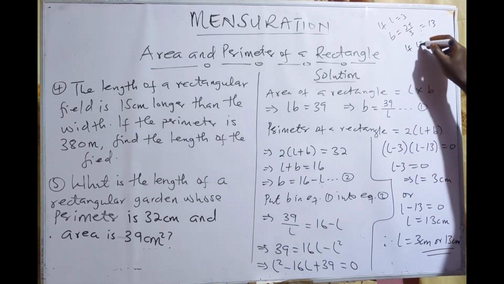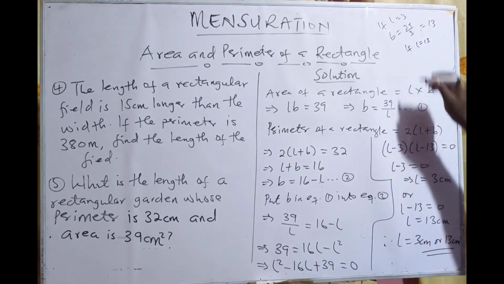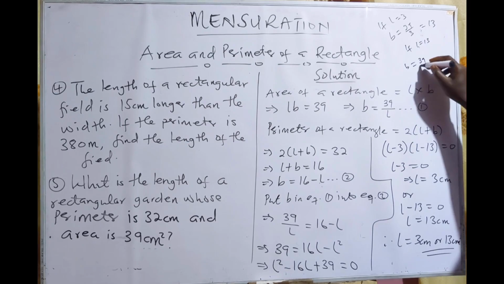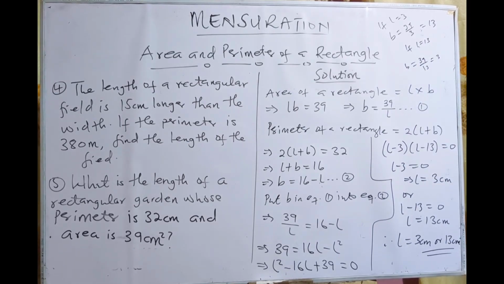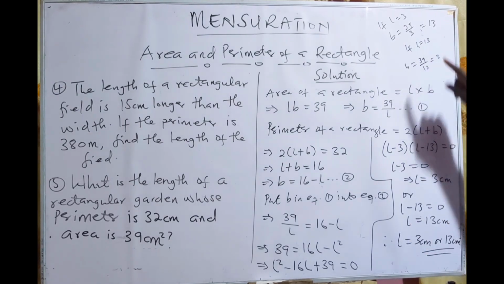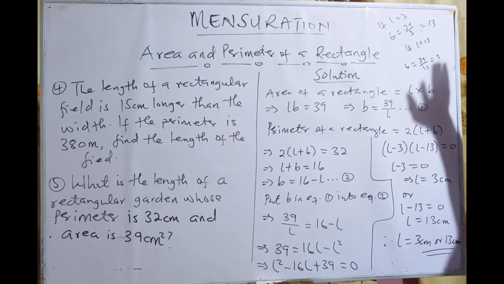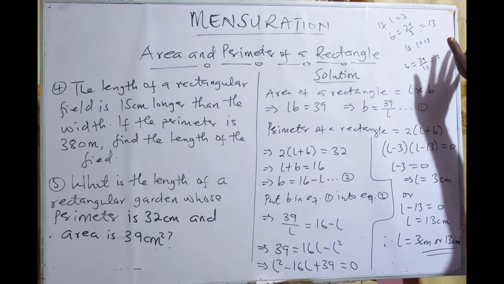And if L is equal to 13, then my breadth is 39 over 13, which is equal to 3. So if the length is 3, then the breadth is 13. If the length is 13, then the breadth is 3. Is that okay?